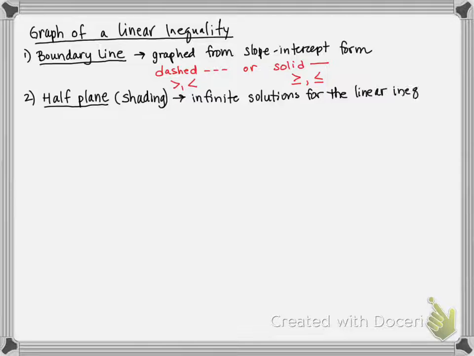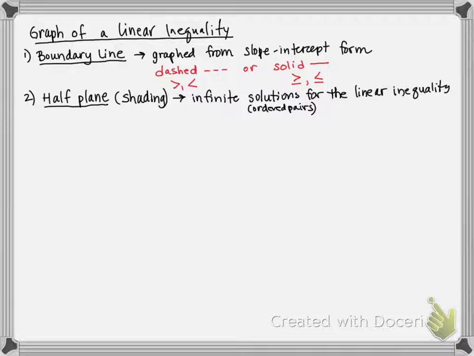Now, by solutions, we're talking ordered pairs, right? Because it's points. And you might say, well, how can they be infinite? Because it's only one section, one half of a graph. Well, remember, it's going on forever off the paper.